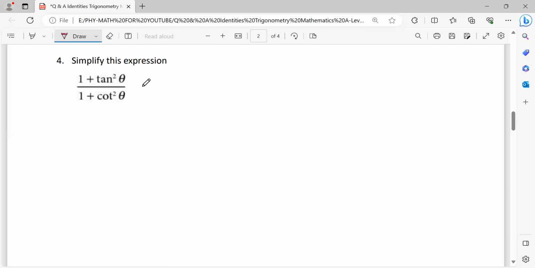If simplify, it means 1 equals sine squared theta over cosine theta squared plus, tangent, sorry, cosine.